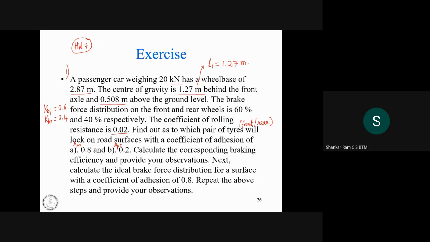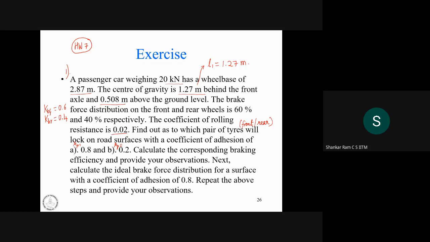For each surface, please find out the values of A by GF and A by GR. That's the first calculation. Then you can comment which pair of tires will lock. Obviously, the one that locks first is where the A by G value is lower. So that's what you need to calculate, and then you also need to calculate the corresponding braking efficiency and provide your observation.